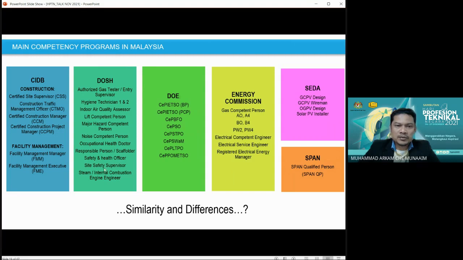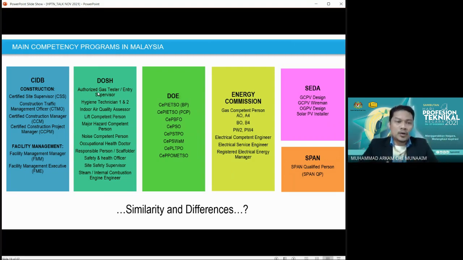But DOSH, DOE, Energy Commission, SEDA, and SPAN don't have that kind of framework. Only CIDB has that framework. That's why CIDB certification comes with levels of competency: Level 1, 2, 3, 4, 5, and level 6. What is the relation of this level with the current level that we can see from the JPK or whatnot? There is an explanation about that later.